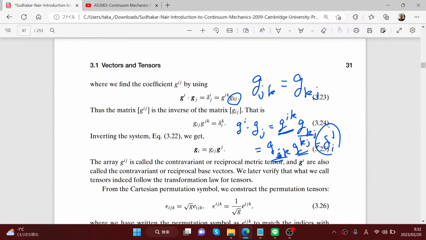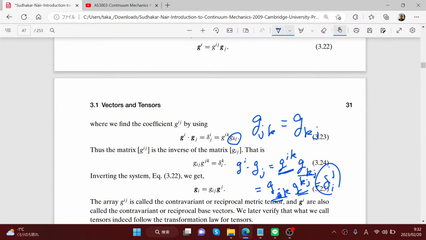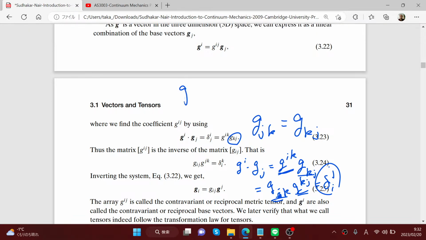So I would say Gi, which is this, Gij Gj, which is Gij, Gjk, ij, jk, gk.